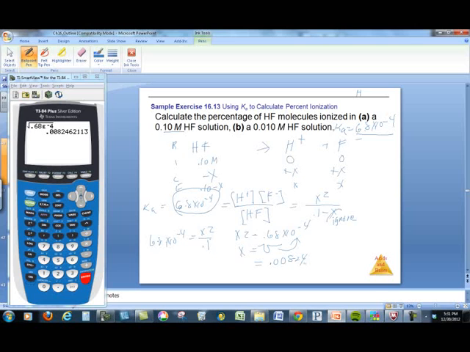So this is the hydrogen ion concentration, and I'm going to put it over what the starting acid concentration is, which is 0.10. And I should write out what I'm doing. This is the H plus over the original HF, and if I multiply this times 100, I'm going to get this as a percent. So if I take 0.00824 divided by 0.1 and multiply times 100, I get 8.24%.